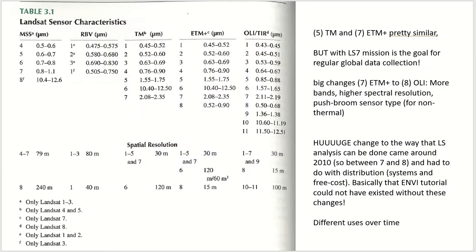We begin with talking about Landsat. Julie Echo calls it the most important Earth observation mission ever, which is probably true. There are a lot of different sensors that have been used on Landsat platforms as part of this mission.